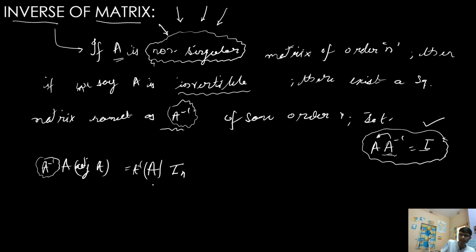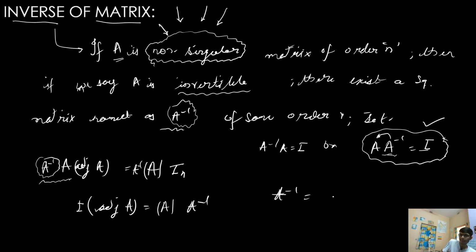Then A inverse into A is also equal to the identity matrix, so A inverse into A into adjoint of A is identity matrix into adjoint of A, which equals determinant of A into A inverse. Now from here I can say that A inverse is equal to adjoint of A divided by determinant of A.